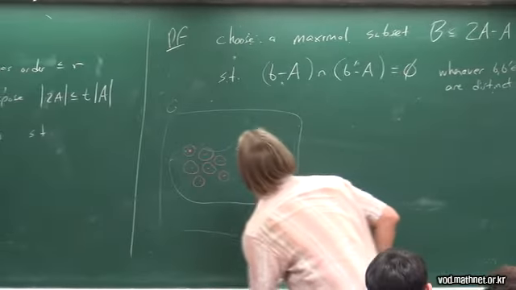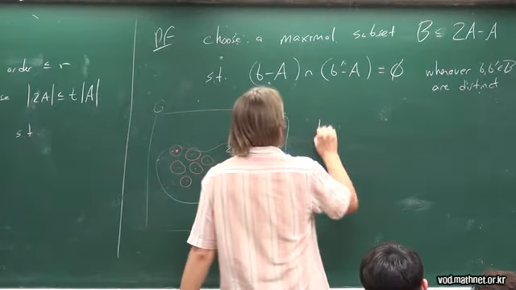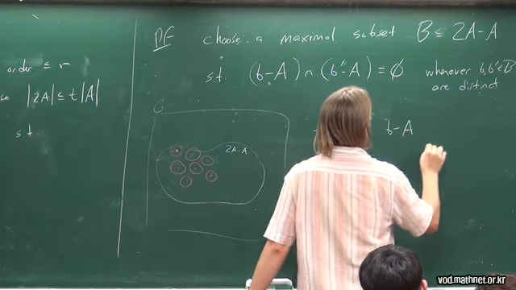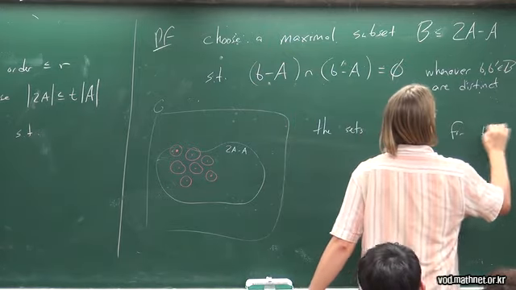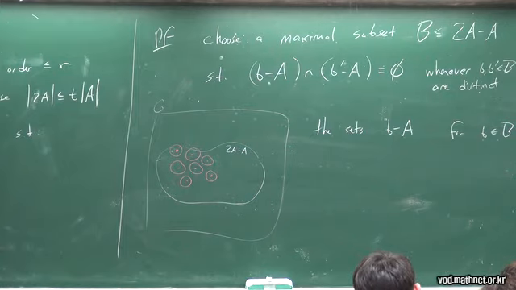Now, what are the key features? Well, the sets B minus A for all those elements form a nice collection of subsets.